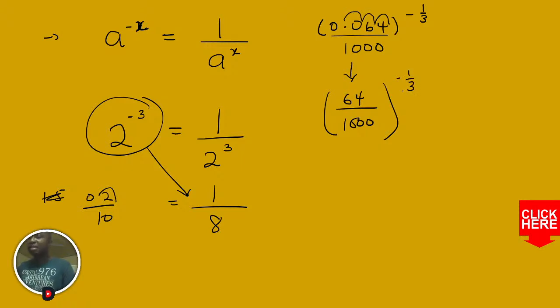Once we've done that, the next thing we need to do quickly is some form of reciprocation in order to get rid of the negative.